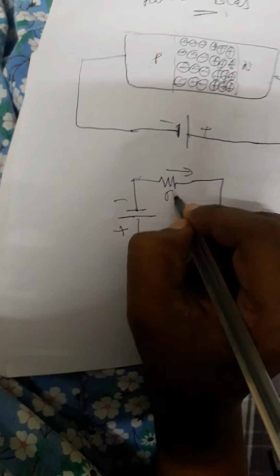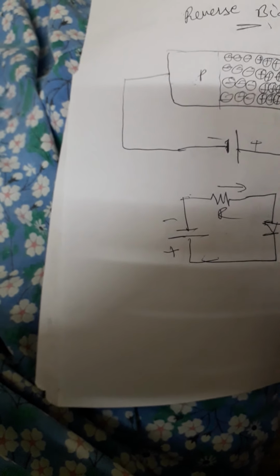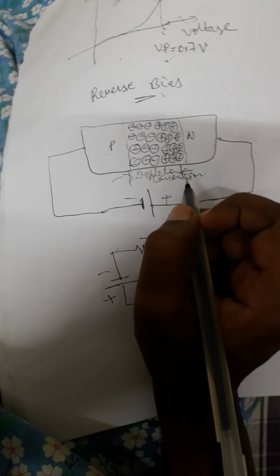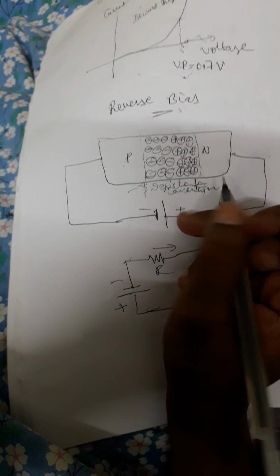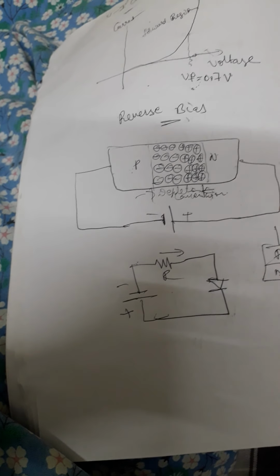Okay, this is diode, or P N. Okay, therefore the depletion layer width is increased. This is the depletion layer width. Therefore the depletion layer width is increased due to the increasing number of positive and negative ions.